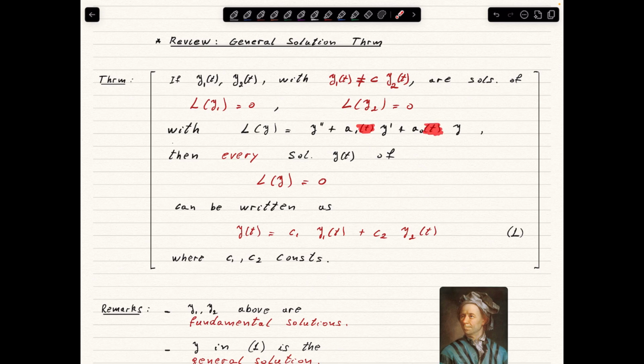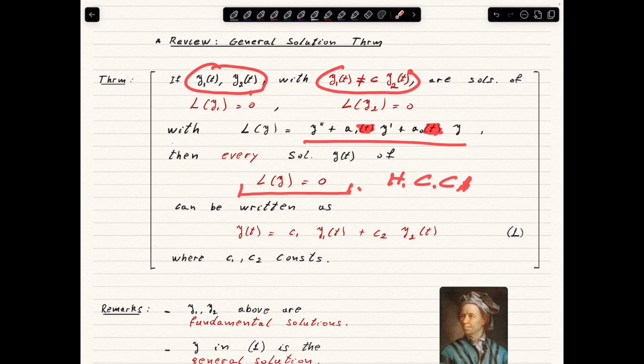If the operator has constant coefficients, so the equation is a second order linear differential equation, homogeneous with constant coefficients, in that case we are going to be able to actually guess fundamental solutions. The equation is so simple that we are going to guess the solutions. And then this theorem is going to tell us, okay, then you have found all the solutions of the equation, again, in the case of homogeneous constant coefficients. So that's how we are going to use this theorem.